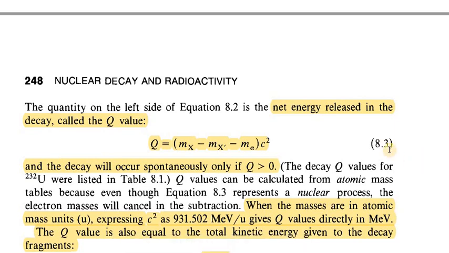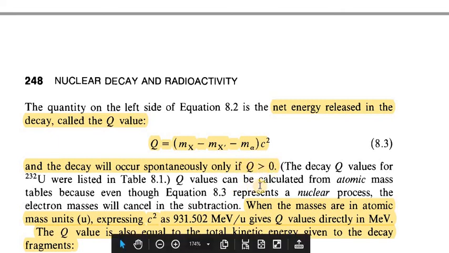So the net energy released in the decay is called the Q value. Q value is delta m c square. Okay, and the decay will occur spontaneously only if Q is greater than 0.